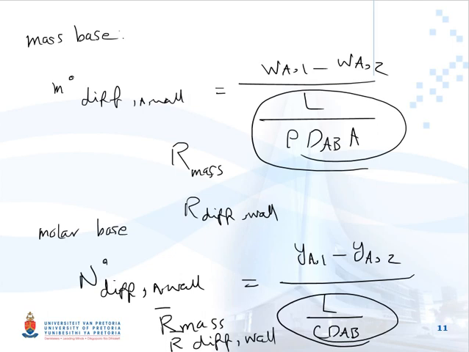Both of these correlations can be used to determine the diffusion rate of species A across the wall, depending on whether the mass or molar fractions are known at the boundaries. So it's based on the boundary and what kind of information we have. We can go either way with the mass base or molar base.